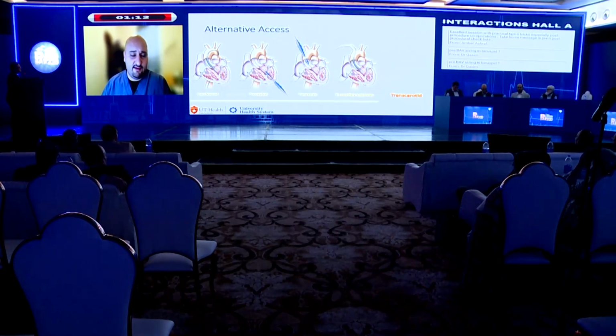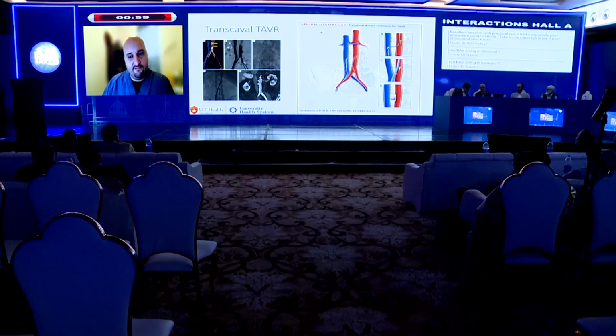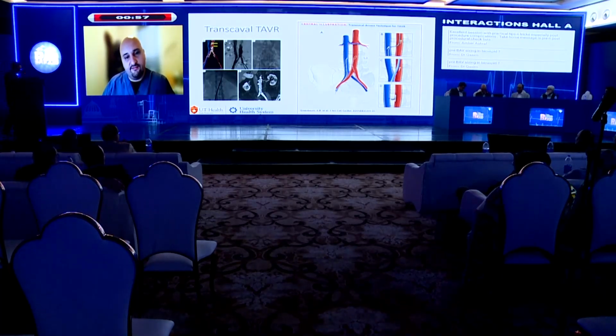But the evolution of these procedures led to sometimes, not in the low risk group, but maybe in the intermediate and high risk group, if alternative access is needed, there are more ways to get that TAVR in. It includes transcarotid as the second most favorable access for a lot of institutions.